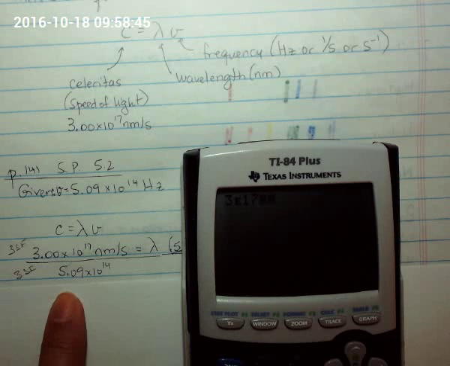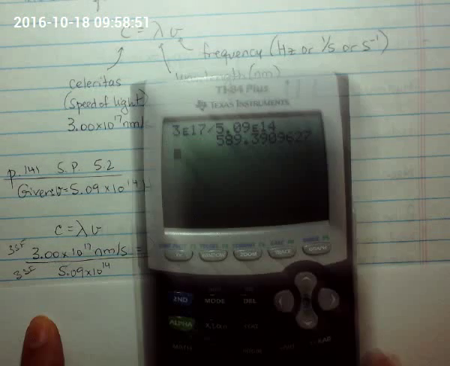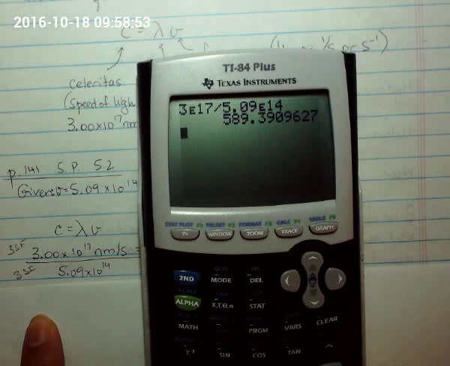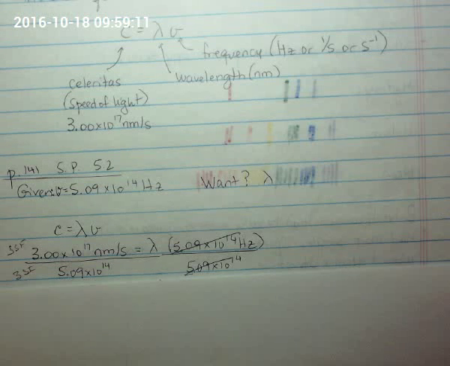3 times 10 to the 17th divided by 5.09 times 10 to the 14th, all right? And my calculator says that. What do I write down? 589, because if I look at the neighbor, does the neighbor merit me going up to 590? No. So 589.